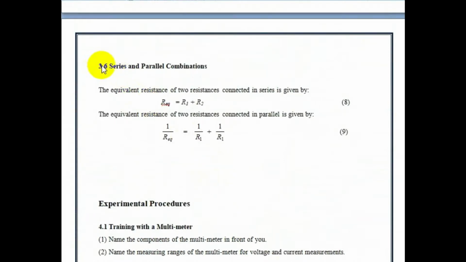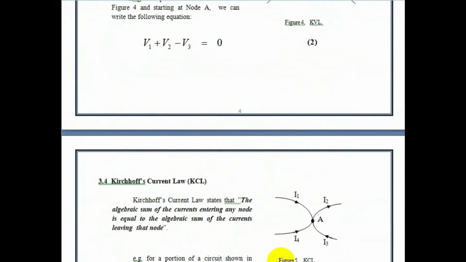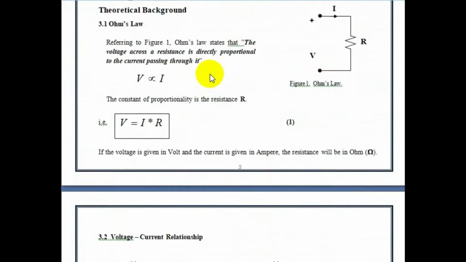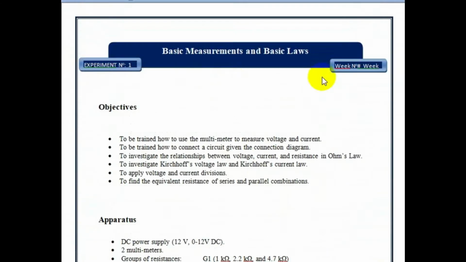We are not going to perform this part in this semester. So let us start with the experiment, basic measurement and basic laws.